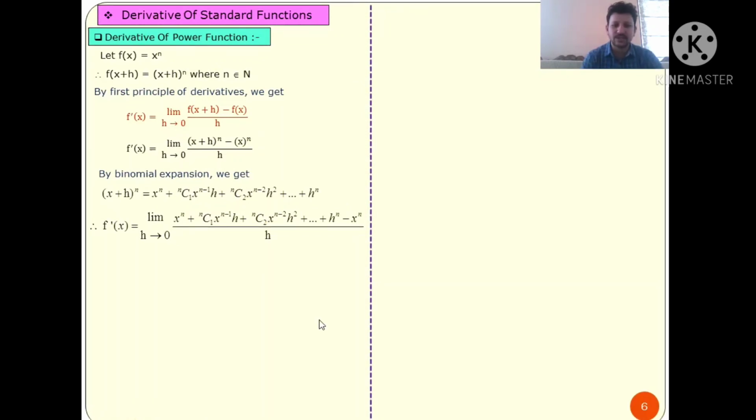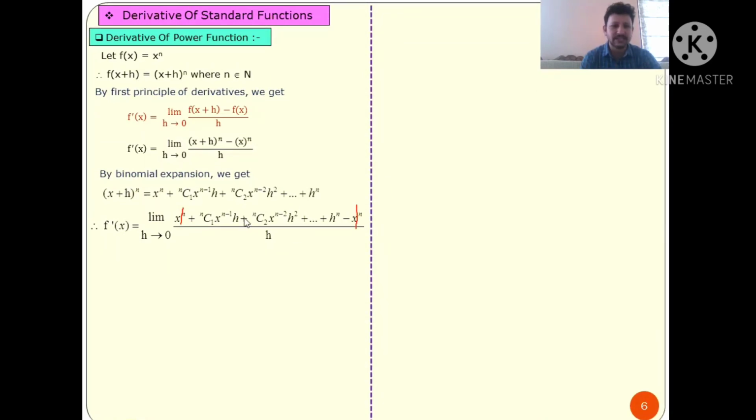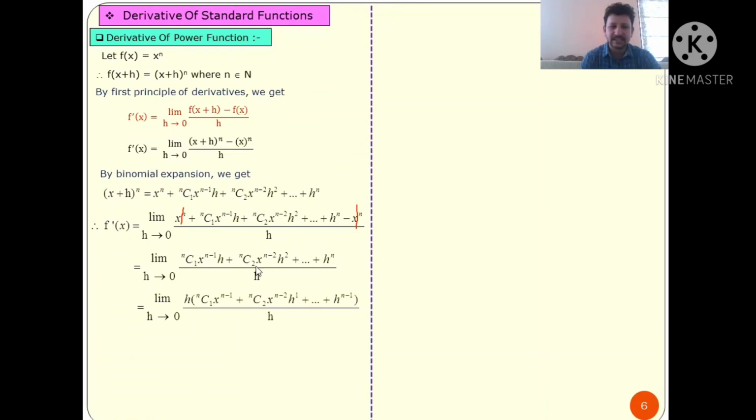Check the calculation: plus x raised to n and minus x raised to n get cancelled. And then the remaining terms in the expansion each contain h as a multiple. We can take h common from these remaining terms. With h common taken, the first remaining term is only nC1 x raised to n minus 1, then nC2 x raised to n minus 2 into h raised to 1, and the last is h raised to n minus 1.